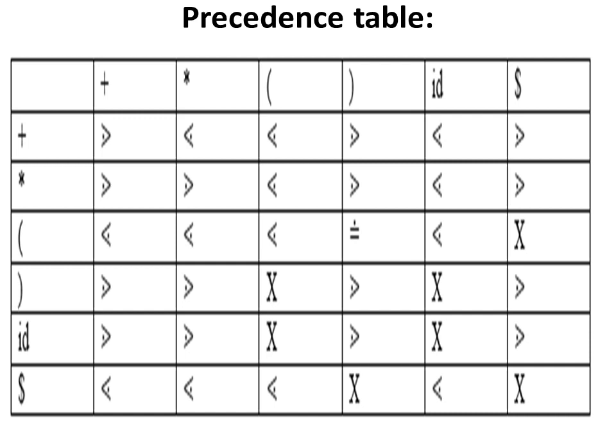Then plus and the multiplication symbol, star: plus will have the lower precedence. Plus and open bracket: lower precedence. Plus and close bracket: greater precedence.